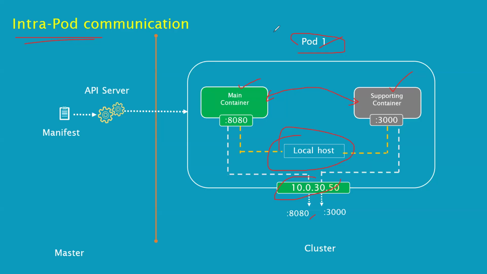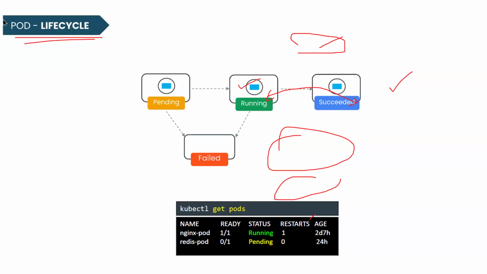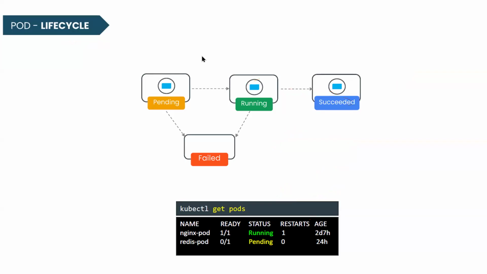Another interesting thing here, listen carefully, is something called the pod life cycle. This is also another essential thing. For example, consider I have prepared a manifest file, and once it is ready, I'll be submitting it, right? As soon as I submit the manifest, what happens actually?